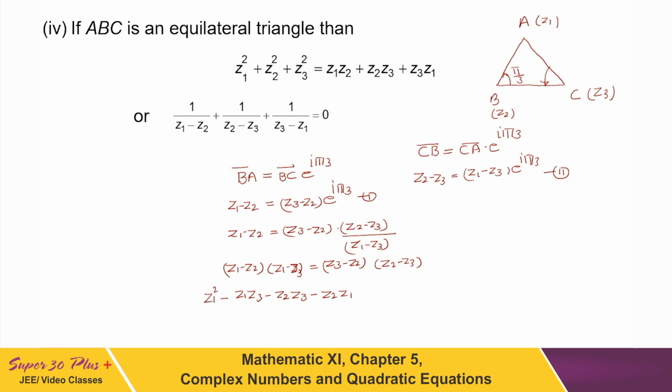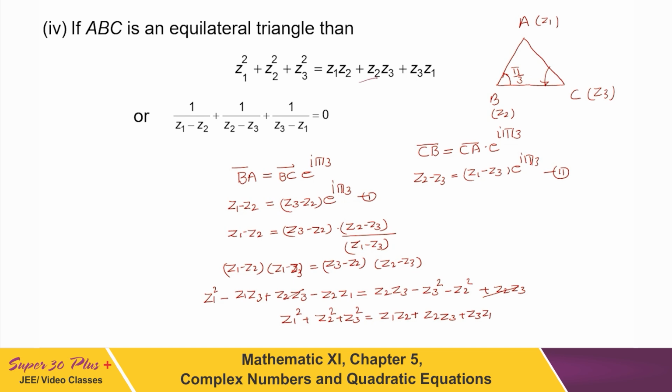Z1 square means it is Z1 square minus Z1 Z3 minus Z2 Z1 and plus Z2 Z3 is equal to Z2 Z3 minus Z3 square minus Z2 square plus Z2 Z3. Z2 Z3 is cancelled out. Now we are going to simplify it. It is Z1 square plus Z2 square plus Z3 square is equal to Z1 Z2 plus Z2 Z3 plus Z3 Z1. First equation is proved here.